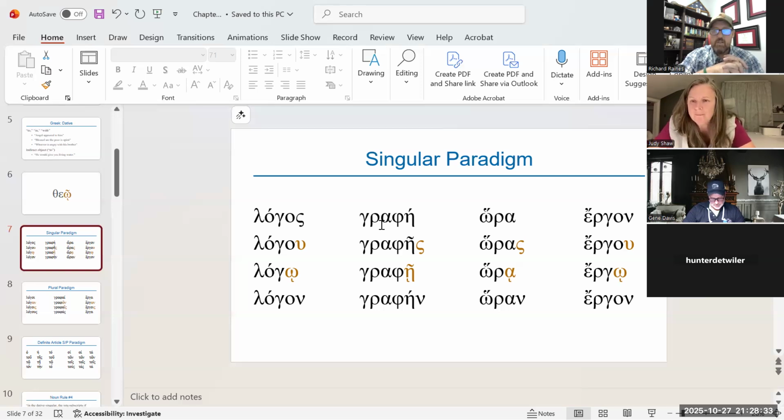Translating means what it means in English.